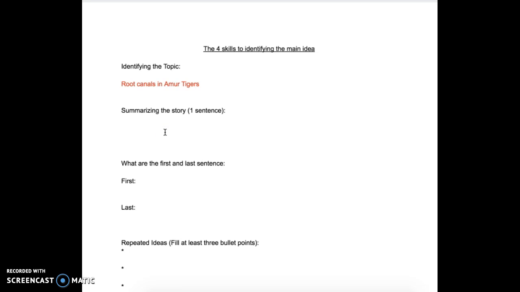Summarizing the story in one sentence, I think it's safe to say that humans are the only species that complain about pain.